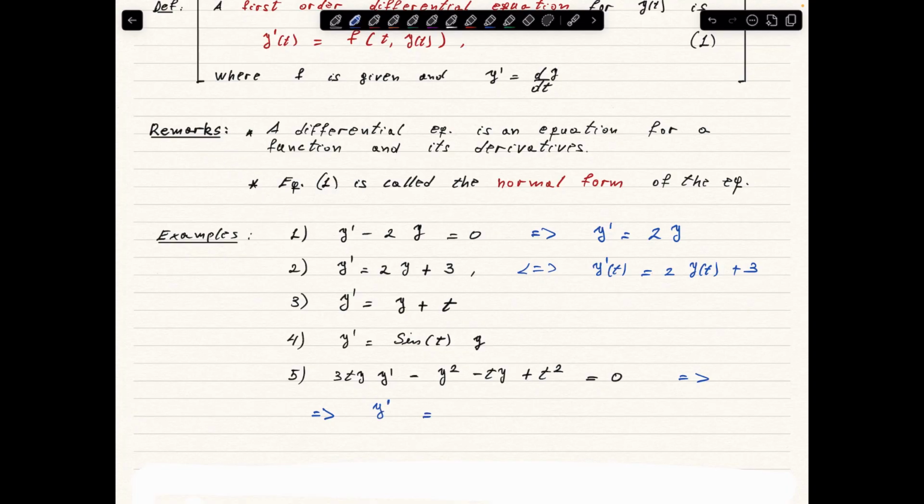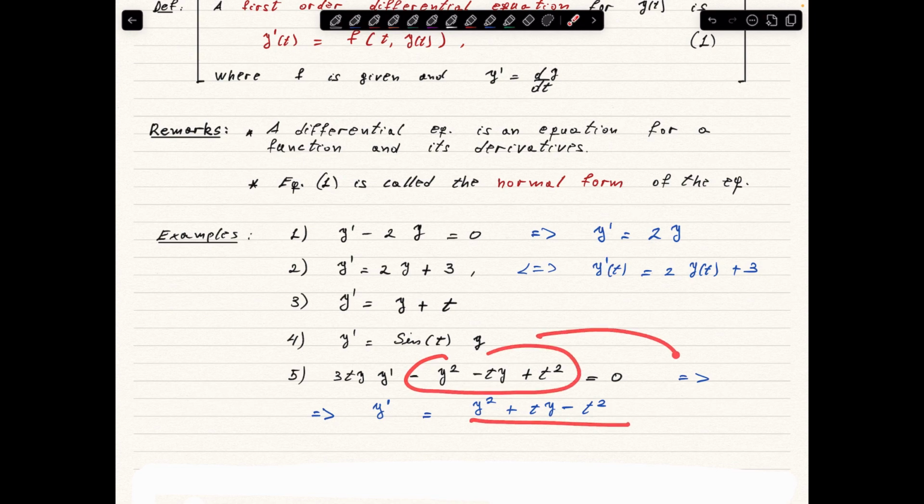On the other side, we are going to have y squared plus yt minus t squared, with opposite sign because they are on the other side. And then we divide the equation by this factor, 3t. And now the equation is written in normal form.